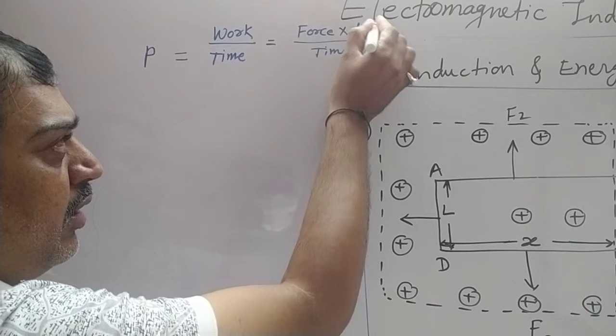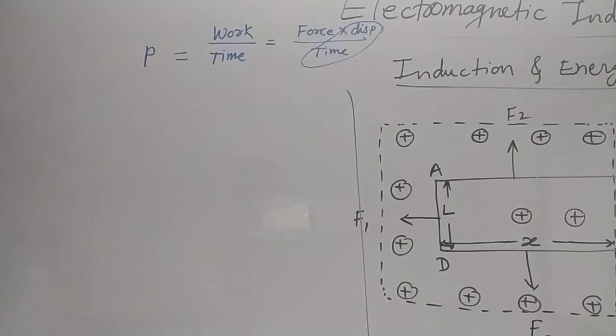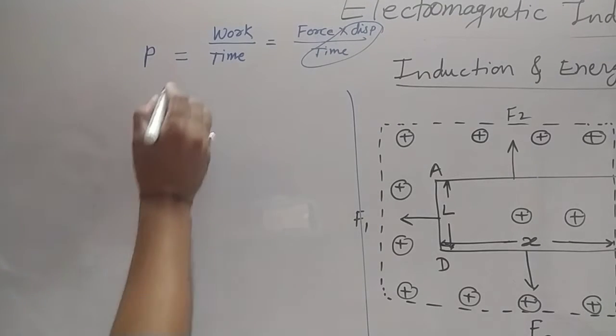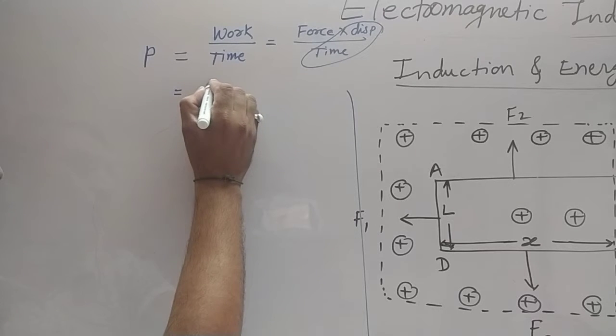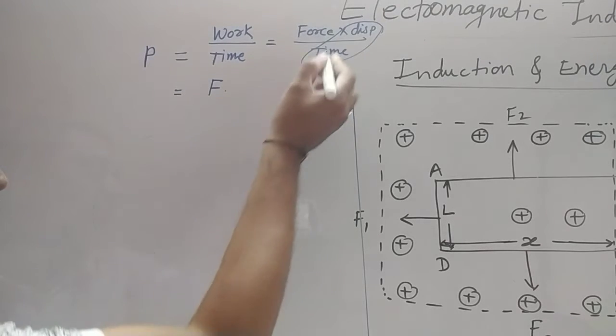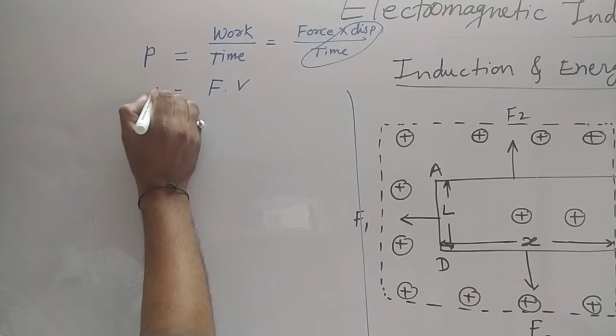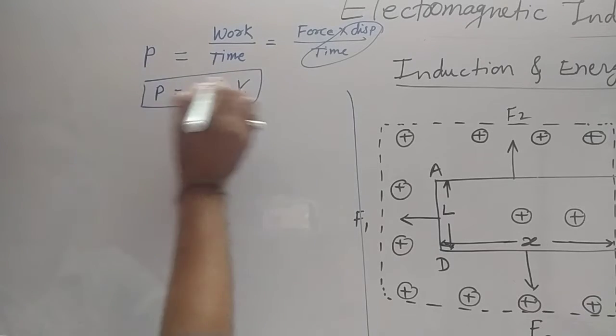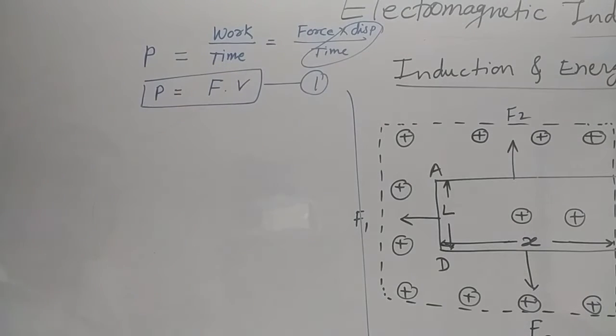Displacement divided by time is velocity. So P equals force into velocity, say equation 1.